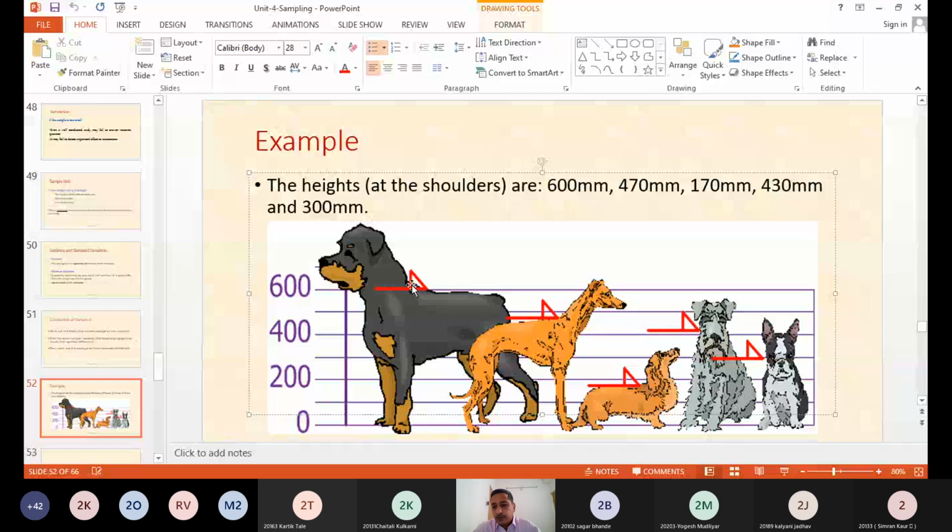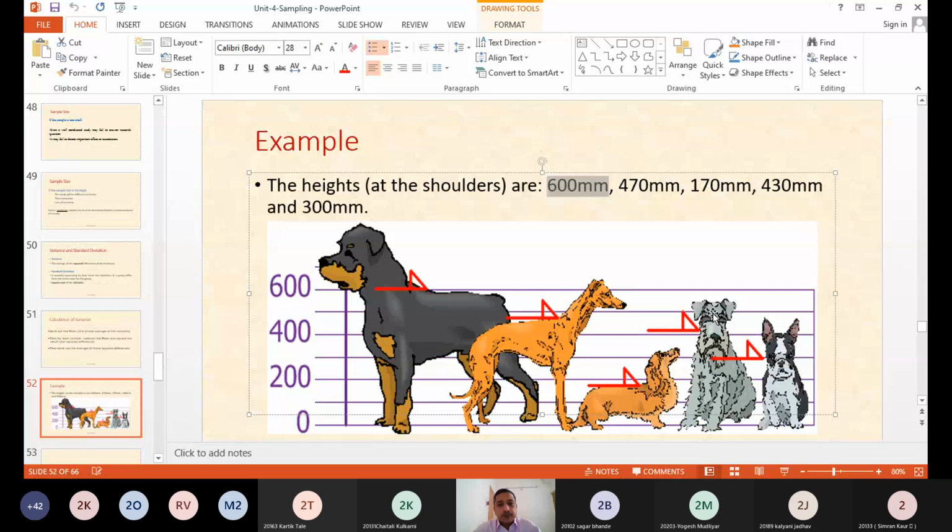These heights are measured in millimeters: 600 mm, then 470 mm, 170 mm, 430 mm, and 300 mm.